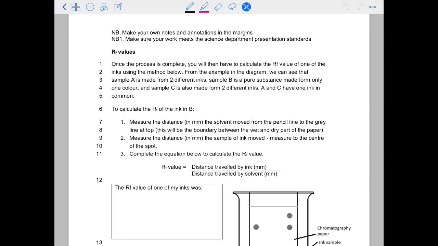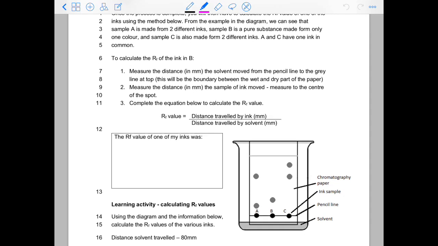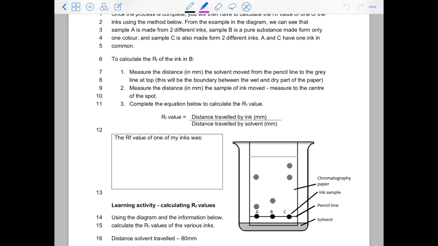So as you saw in that video, the RF values are something we use to measure how soluble something is. So if we look at our diagram here, the same as was on the last page, we'll be able to calculate the RF values from this chromatogram.